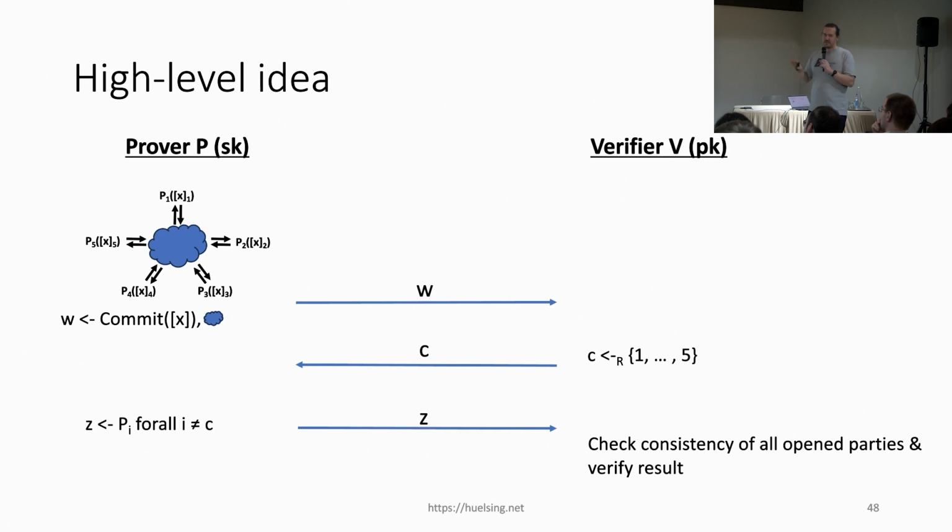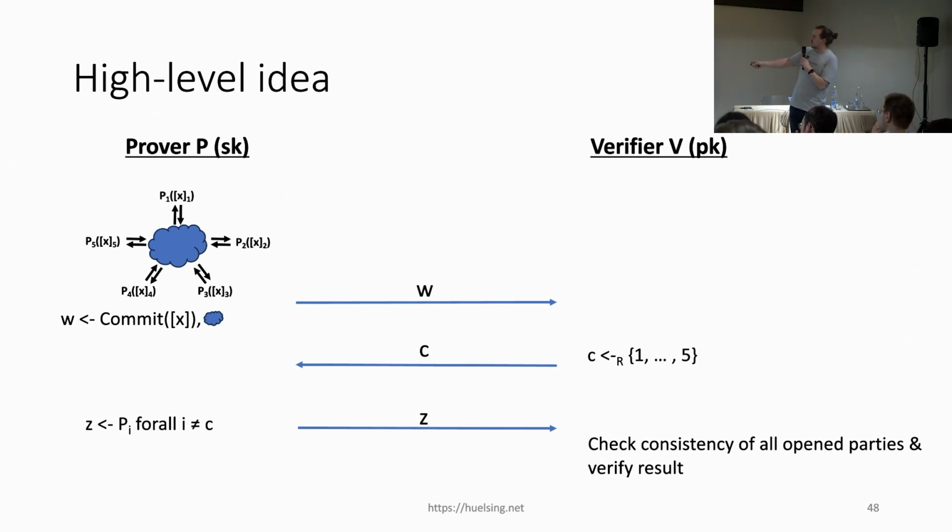On a high level, simplifying a bit here, the protocol looks as follows. I'm running my MPC computation as prover. I'm simulating this, which means I'm splitting my x into a secret sharing. I'm evaluating the circuit that I generated that computes f on the secret sharing of the input x.